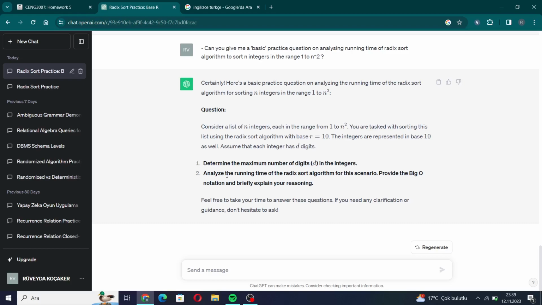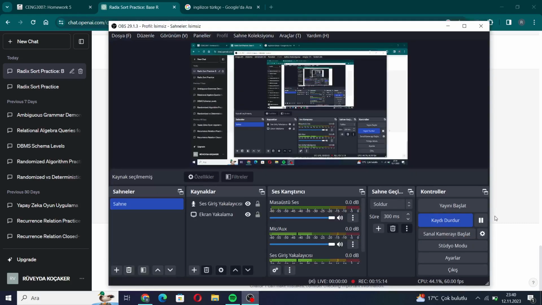Analyze the running time of Radix Sort, providing big O in your reasoning. Okay, I will think how I can solve it and I will come back again.